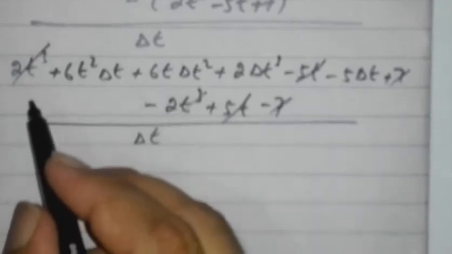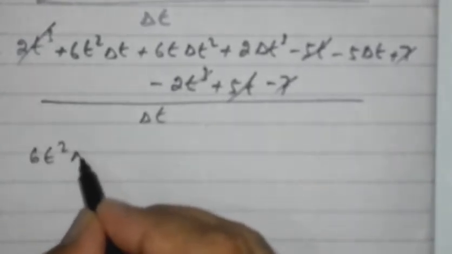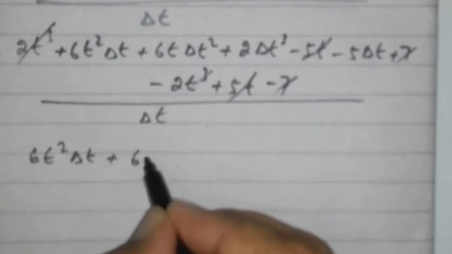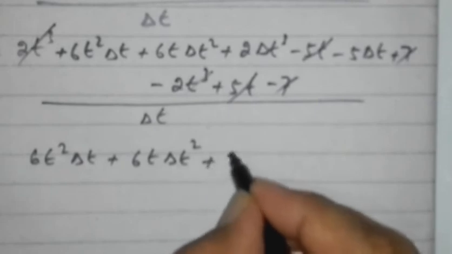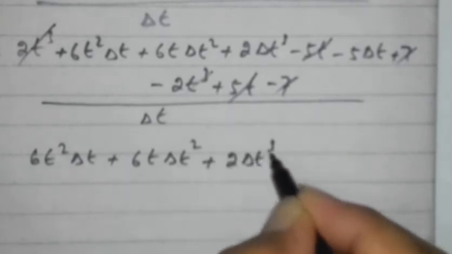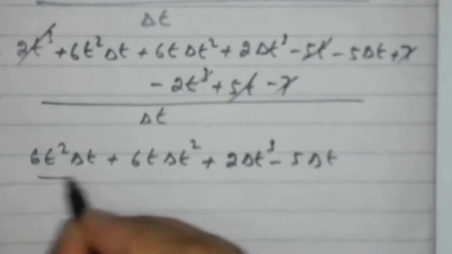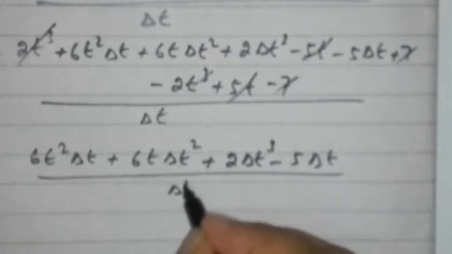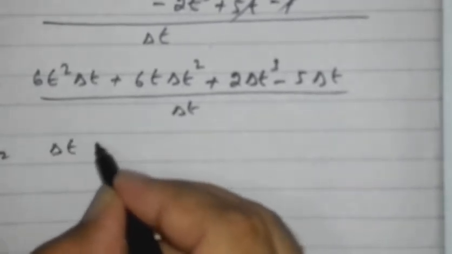We get here 6 t square del t plus 6t del t square plus 2 del t cube minus 5 del t divided by del t. Take del t common from the numerator.